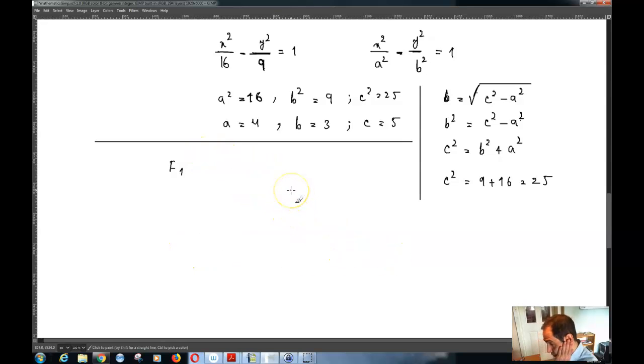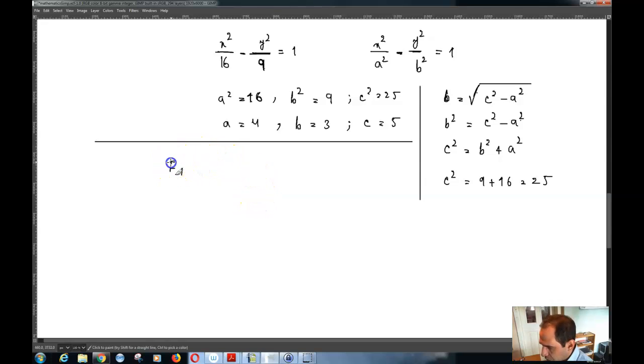If your transverse axis is across the horizontal axis, that means that your foci and the two vertices are also across the horizontal axis.